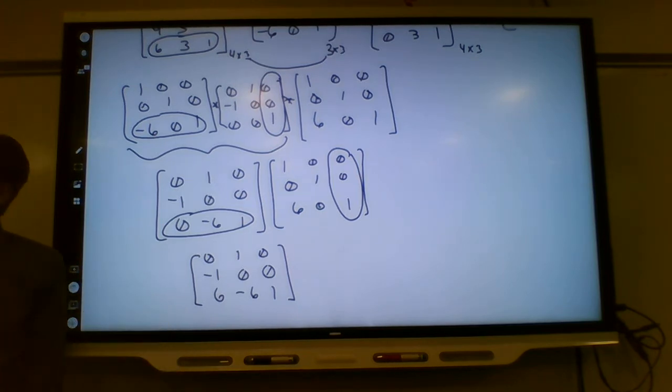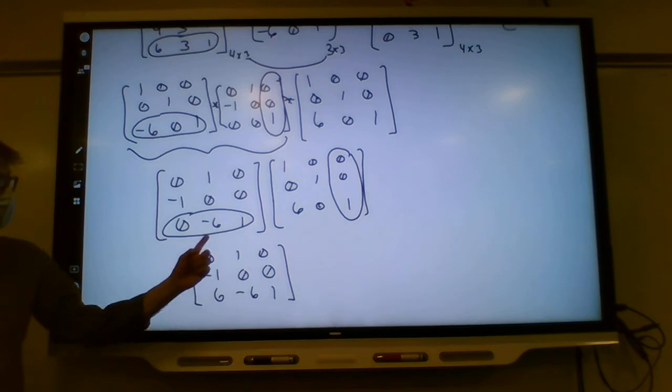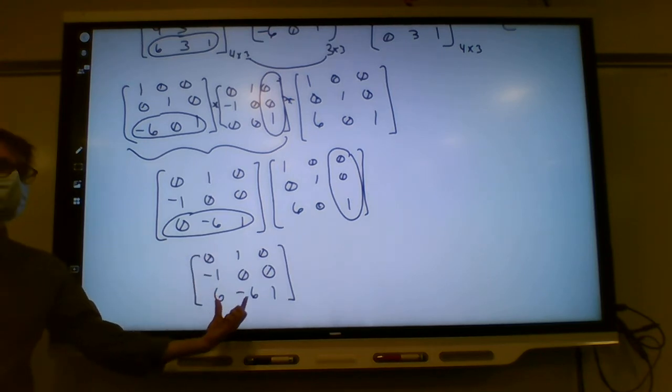Are we surprised by that? Maybe not. We see the rotation up here. We see shearing happening down here.